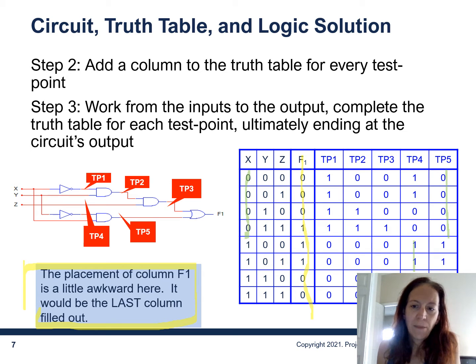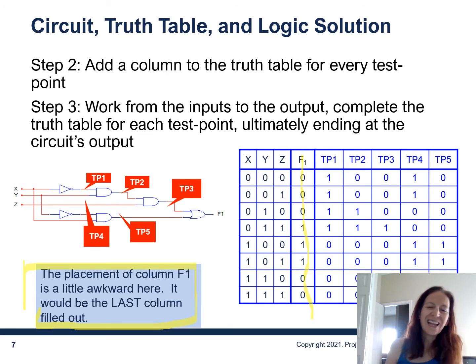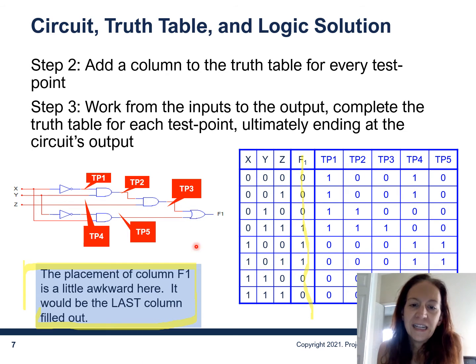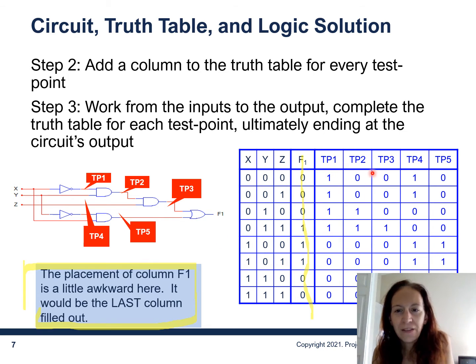All right, and that brings us to our final column, which is F1. It's a weird spot to put your F1. F1 is the OR between TP3 and TP5, which means this will go high if either one of them is high.